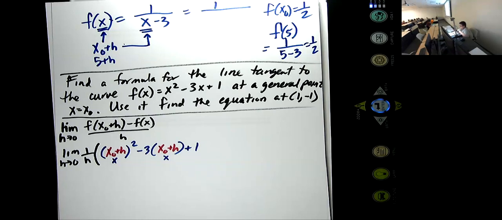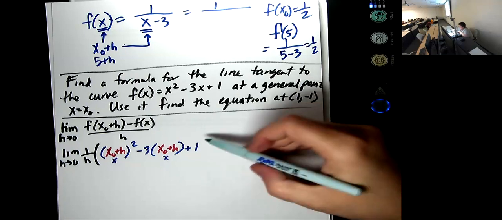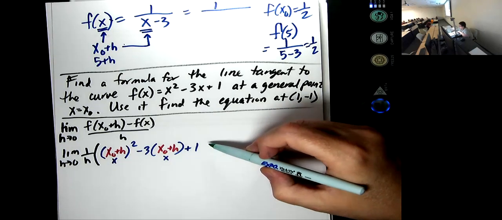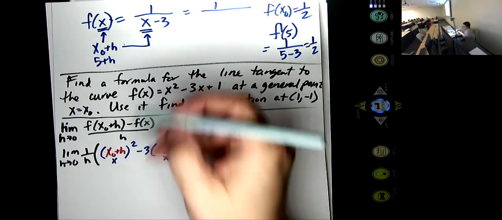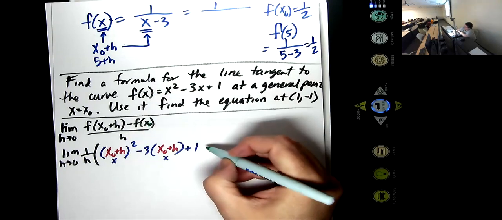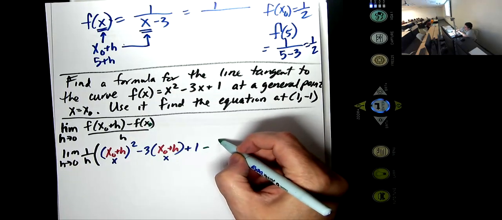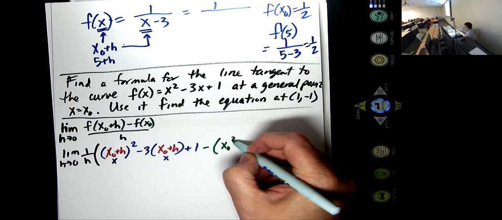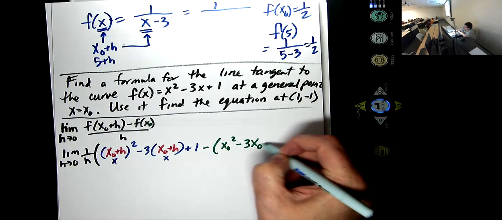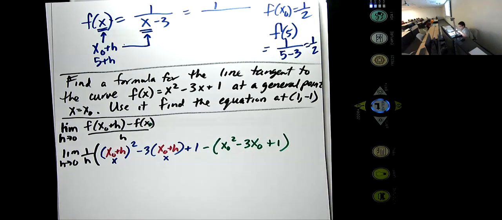And then we have minus f of x naught. So we have minus x naught squared minus 3x naught plus 1. And we're going to end that parentheses.